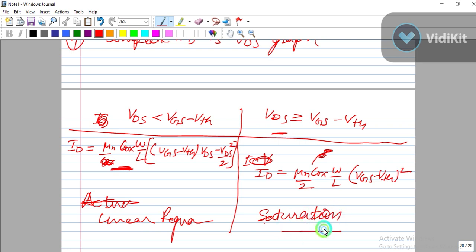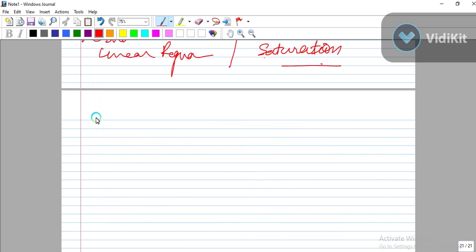One last thing, let's write again. ID was directly proportional to Mu n Cox W by L. We saw till now that if we increase Mu n, ID will increase. Is it true? Mu n is the mobility of electrons.